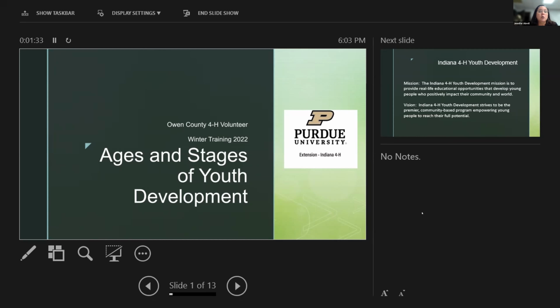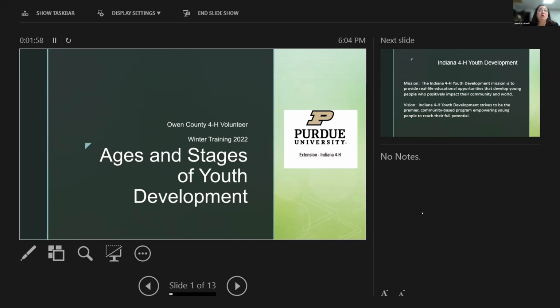So I could use that, or if there are specific things that my volunteers want to know about, I can tailor to that. But one of the things that is universal and important for volunteers is understanding ages and stages of youth development, because as a leader, you've got kids all the way from kindergarten, our minis, through seniors in high school.